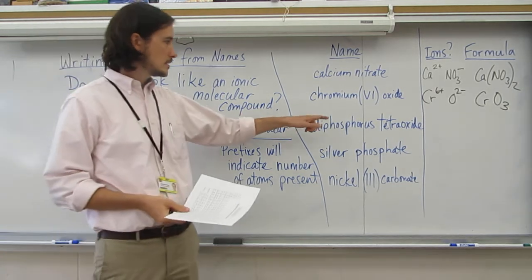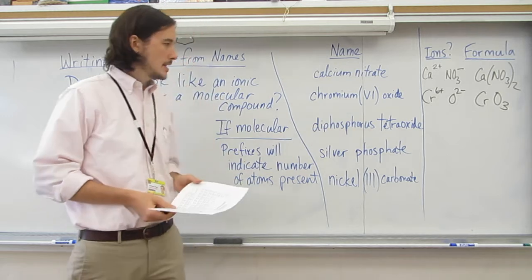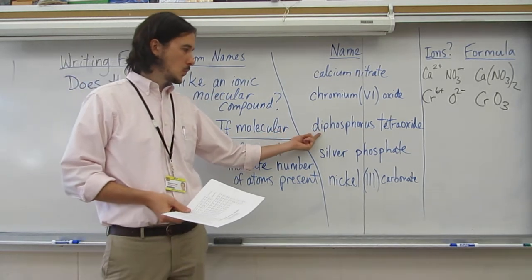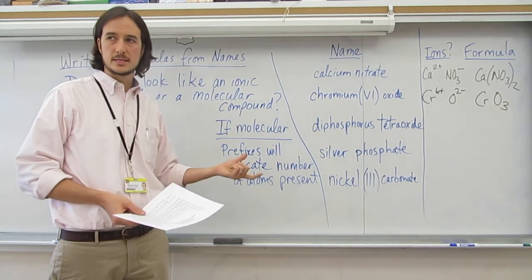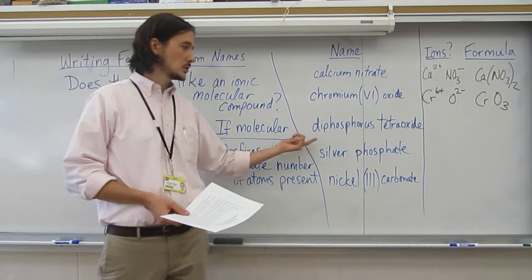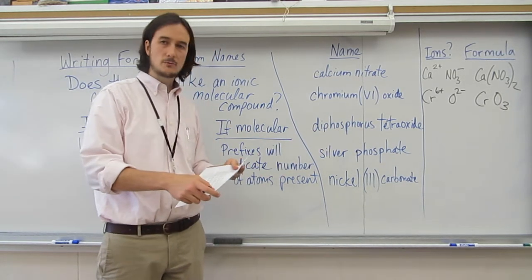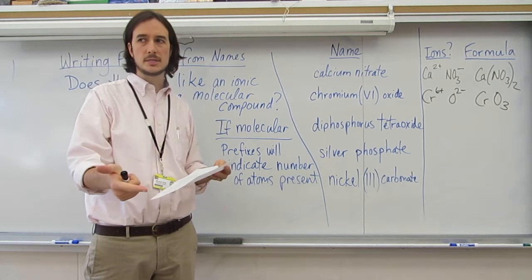Next one is diphosphorus tetraoxide. This should look like a molecular compound. Number one, because you have prefixes. We see prefixes on both of the words in this name. Another reason is that phosphorus is on the right side of the periodic table. Phosphorus is a nonmetal. Oxygen is a nonmetal.